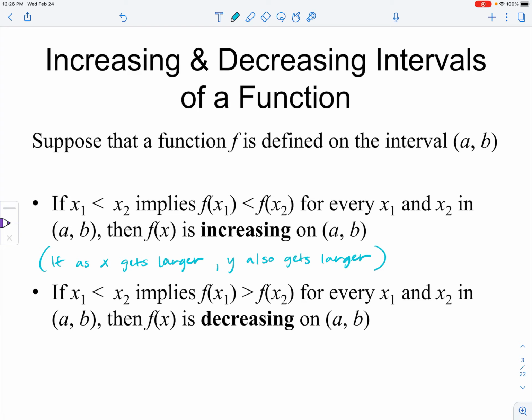Whereas the definition for decreasing on an open interval from a to b is the opposite. Basically, if as x gets larger, y is getting smaller, the y values that correspond to those x values are getting smaller, then the function is said to be decreasing on the interval from a to b.